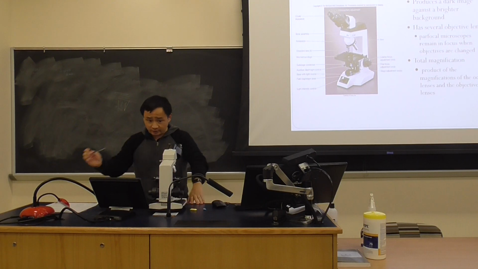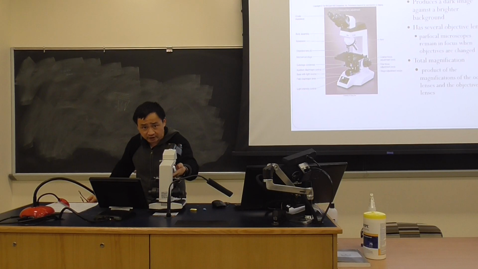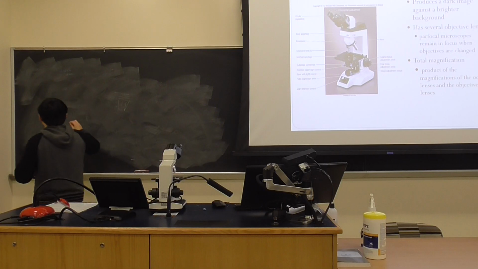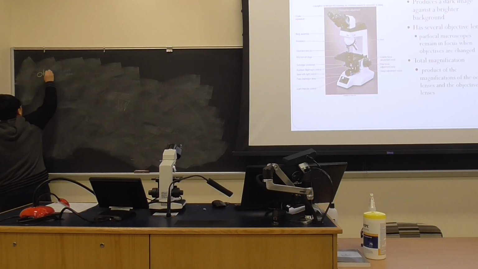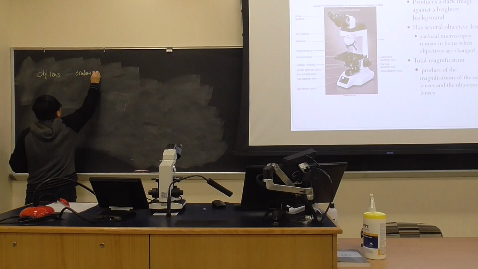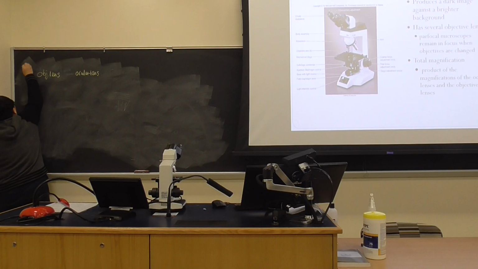The first one is close to your eye, and the second one is close to the objective. Therefore, we have the objective lens and the ocular lens. And this gives us the first concept. What do we call total magnification?